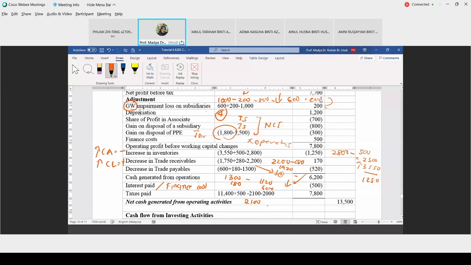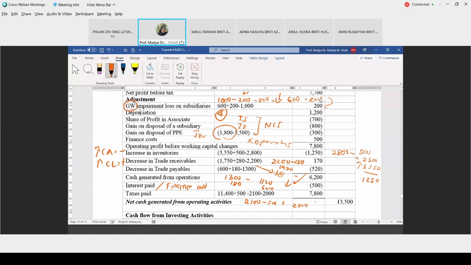Then you're going to minus the one that you dispose here, 500, and then you're going to plus the amount that you paid. The amount that we paid for income tax here is 2,000.